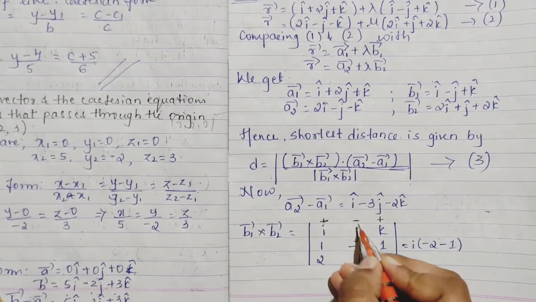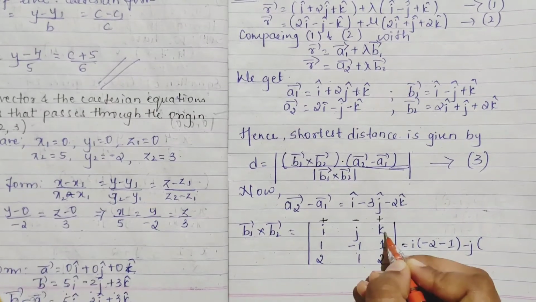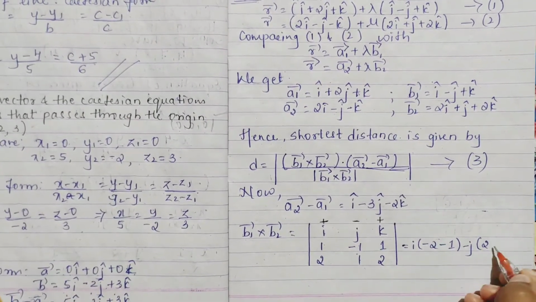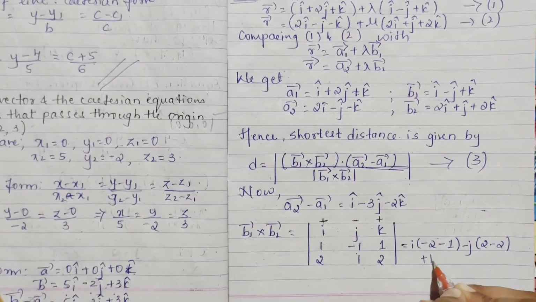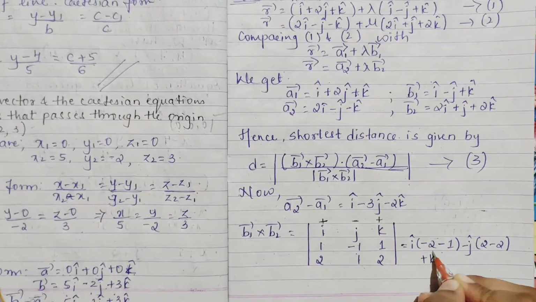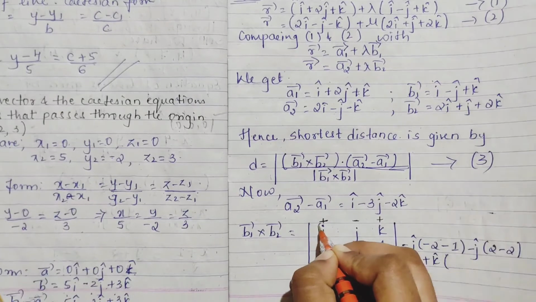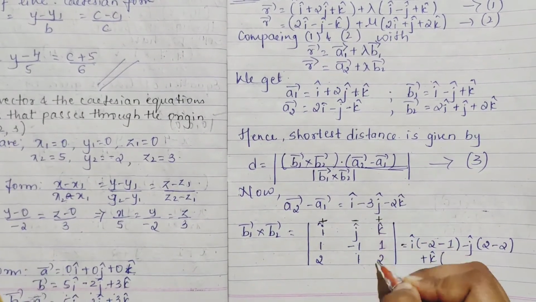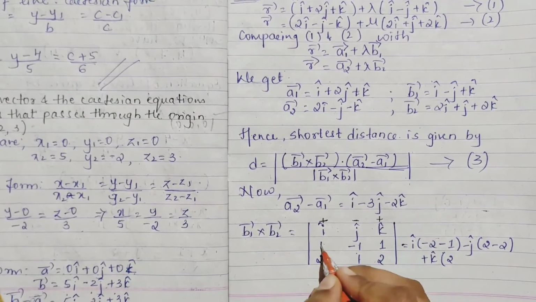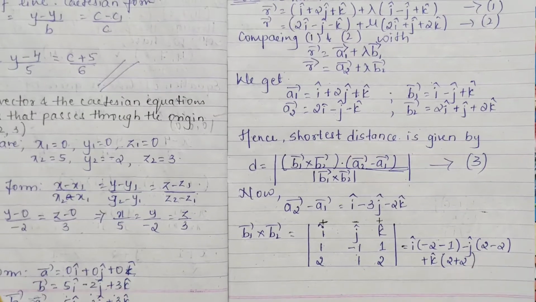In the same way here minus is there, so this becomes minus j. Same way, your second column, first row: you will get 2 ones are 2, minus 2 ones are 2, plus k cap, don't forget to put k cap. Again your third column, first row: you will get 2 ones are 2 and 2 ones are 2, minus into minus plus 2 ones are 2, right.